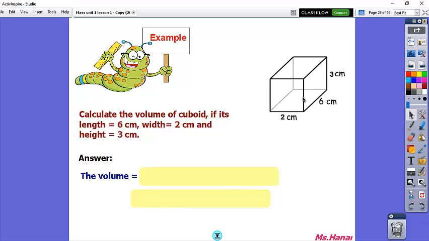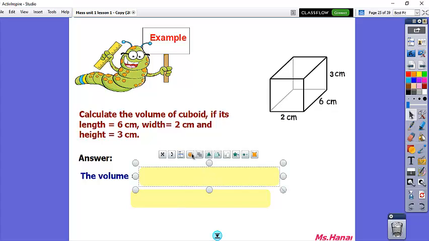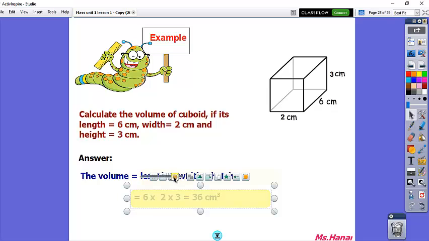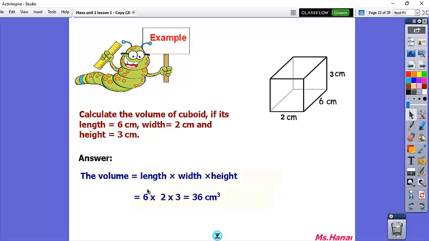So we can solve this problem as volume equals length times width times height. Length here equals 6 centimeter. So write 6 centimeter instead of L.